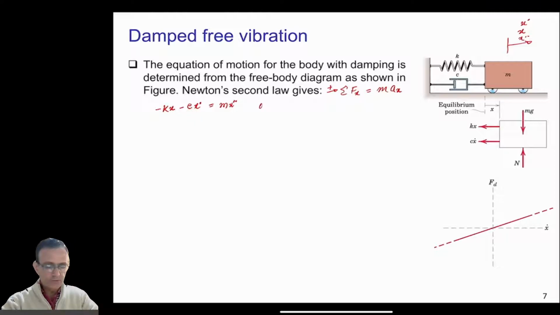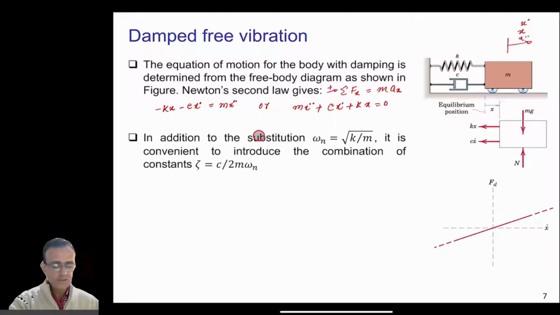Okay, so now you can also simplify this equation, so that m x double dot plus c x dot plus kx equals 0. So this is the equation of motion for this case. In the previous case, for the undamped case, it was the same equation but without this c x dot.